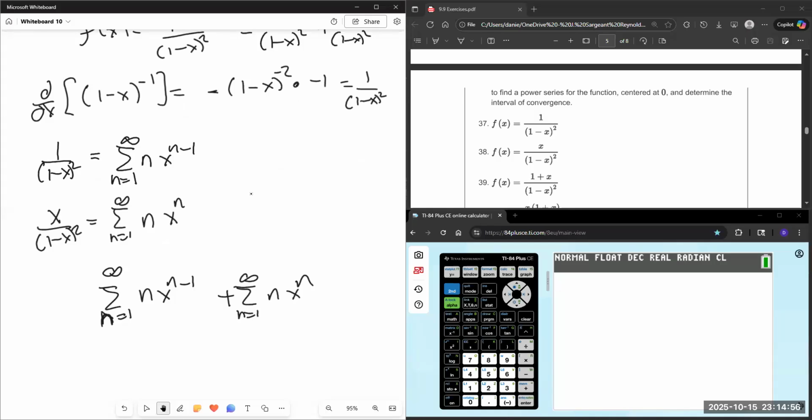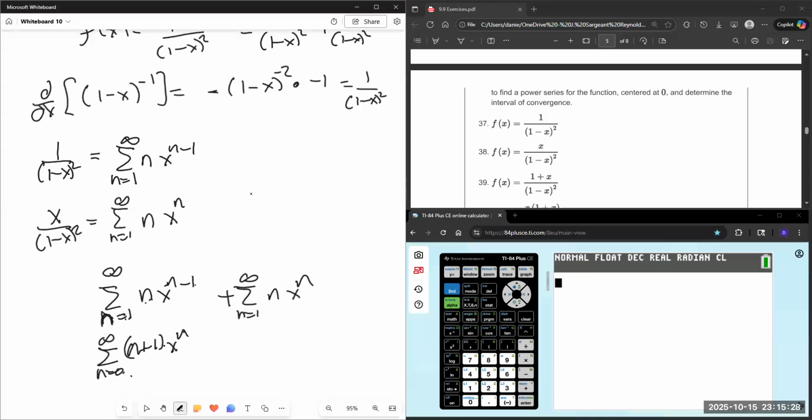So if I can bring this index down to 0, that brings all of these n's up by 1 on the inside, so that this becomes an x to the n. Why do I want to do that? Because now this is x to the 0, x to the 1, so on. That's a regular power series. And I had to start with 1 here, so 0 plus 1 is 1, and 1 minus 1 was 0, and this starts with 0 here.